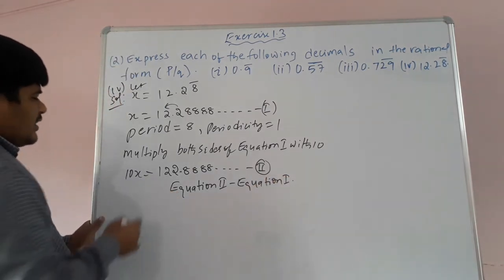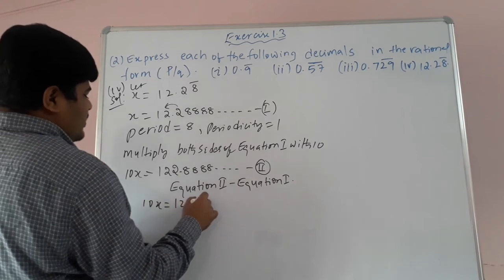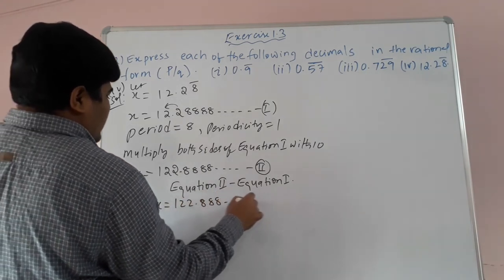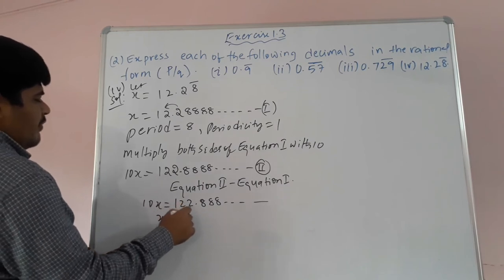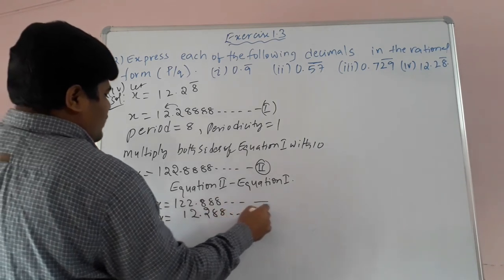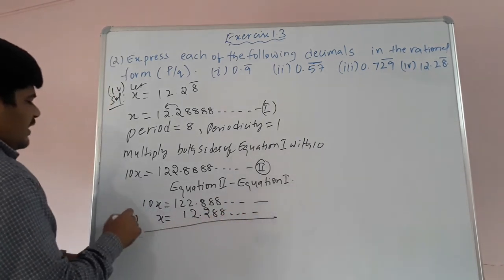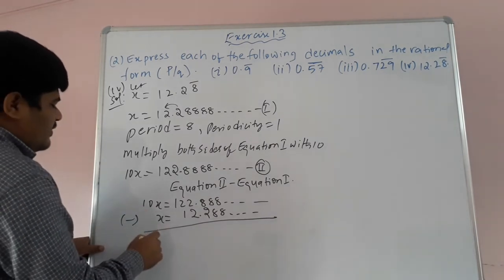So what is equation 2, children? 10x is equal to 122.888, and so on. And x is equal to 12.288, and so on. So children, we are subtracting it. 10x minus 1x. x is nothing but 1x, children. 10x minus 1x is 9x.